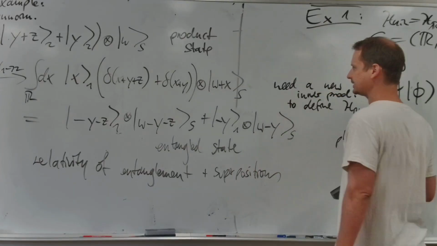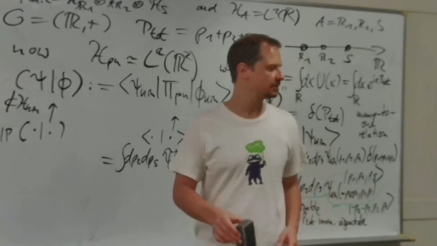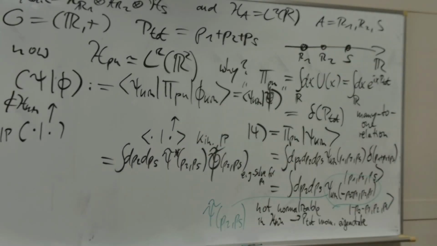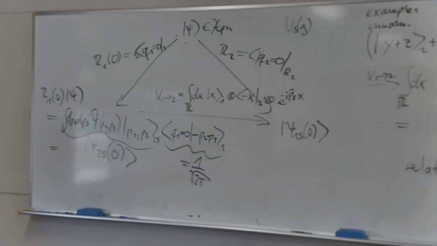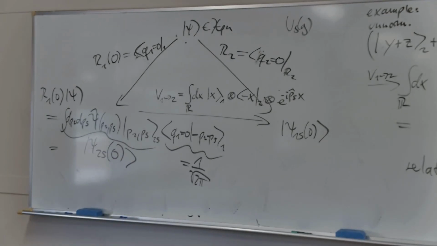Any questions on this? But I have a question. So you more or less create an entangled state from a product state by changing reference frame. Can you always create entanglement from a product state, or is there some product state that cannot create the entangled state? Yeah.